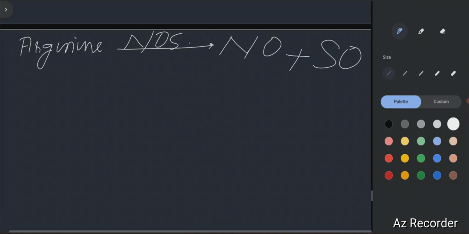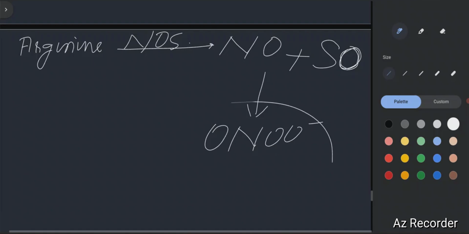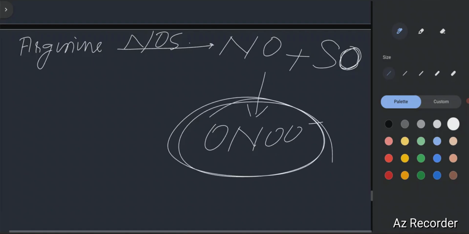So this superoxide combines with nitric oxide and you form peroxynitrite. This thing over here is literally the same as OCl-. These two are going to kill each and every bit of antigen.